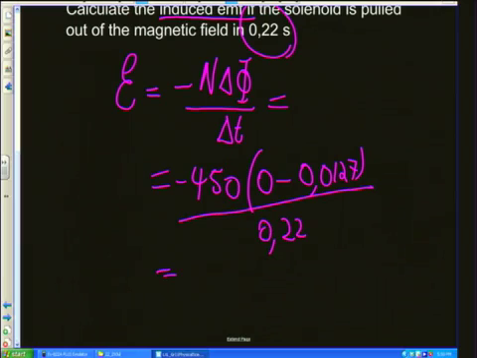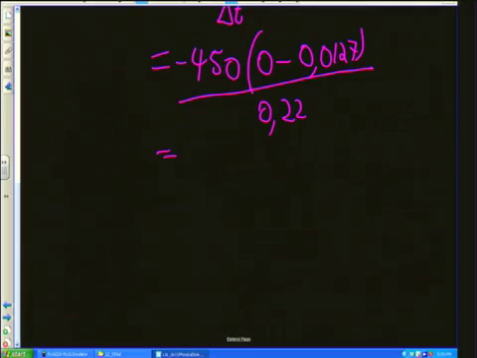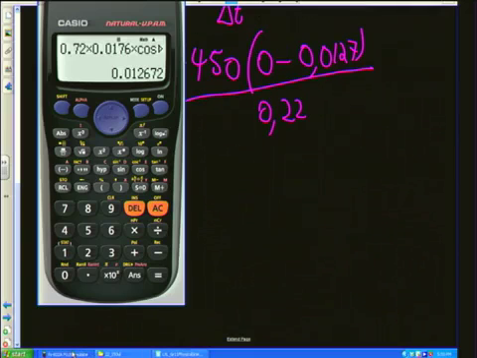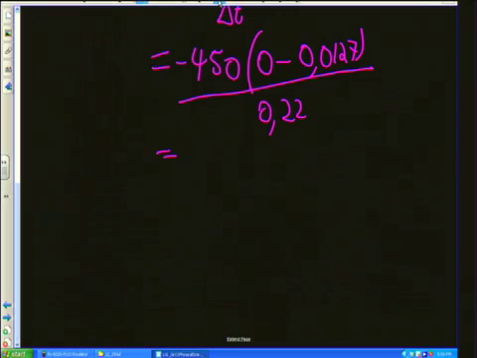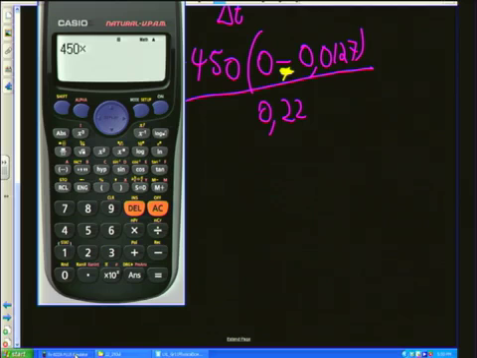And what do we get at the end? We make use of our calculator quickly. We've got minus 450 times, and this is going to be a minus, so I just leave out the minus before the 450. So 450 times 0.0127, and you divide that by the time, 0.22.